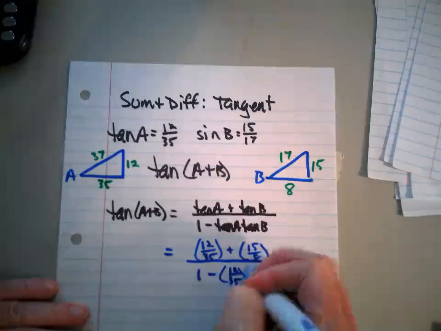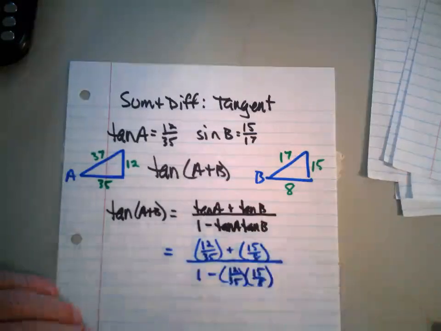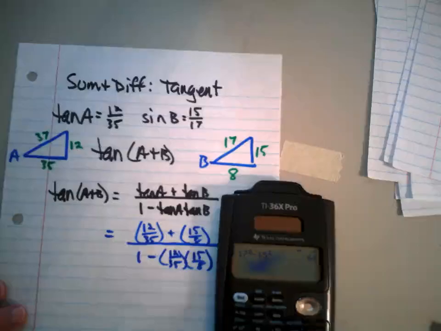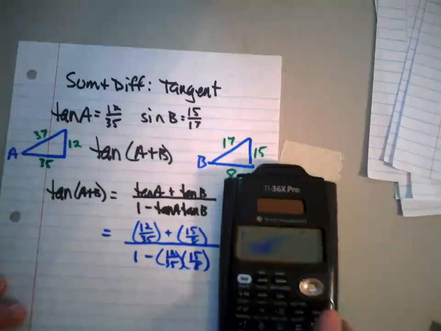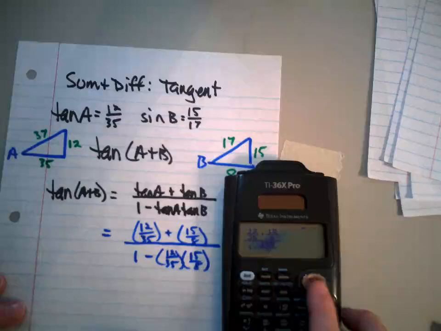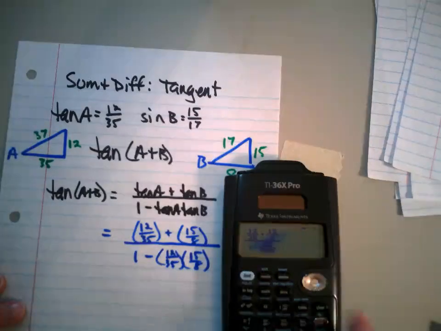12 over 35 times 15 over 8. And yes, if you have a multi-view calculator, you should be able to type that right in if you know how to press all the buttons right. So start with the fraction. Fraction on top, 12 over 35 plus fraction, 15 over 8, 1 minus fraction, 12 35ths times 15 over 8.